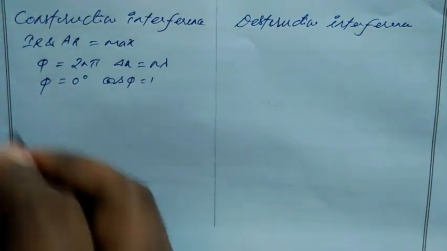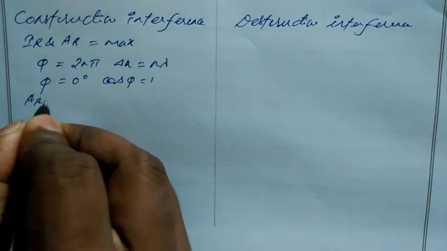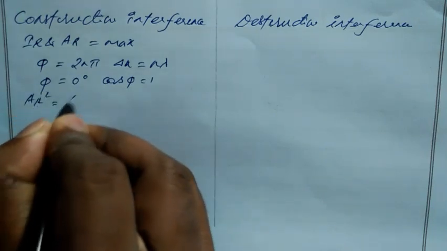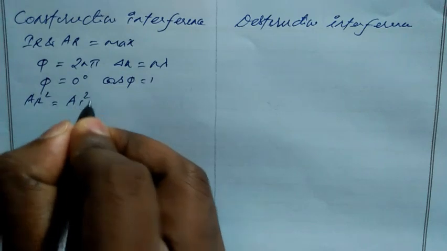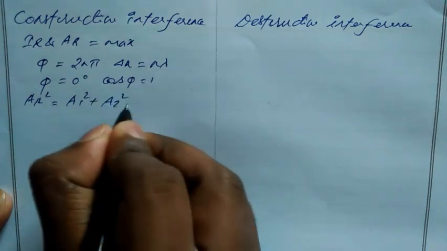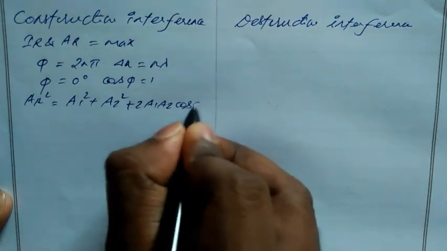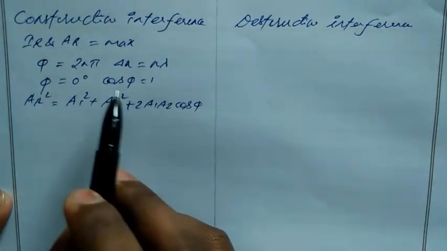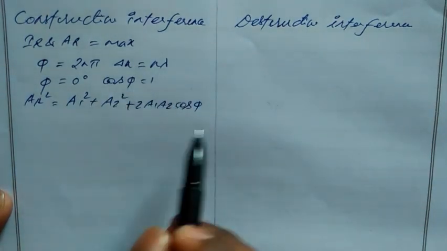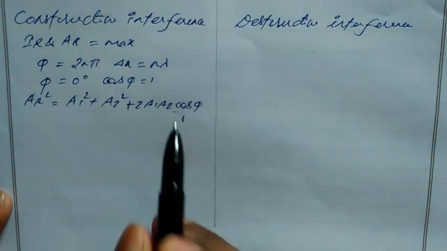Now take the value of amplitude. Ar square equal to a1 square plus a2 square plus 2a1 a2 cos phi. What's the value of cos phi for maximum? For maximum it is 1. So this cos phi will be 1.